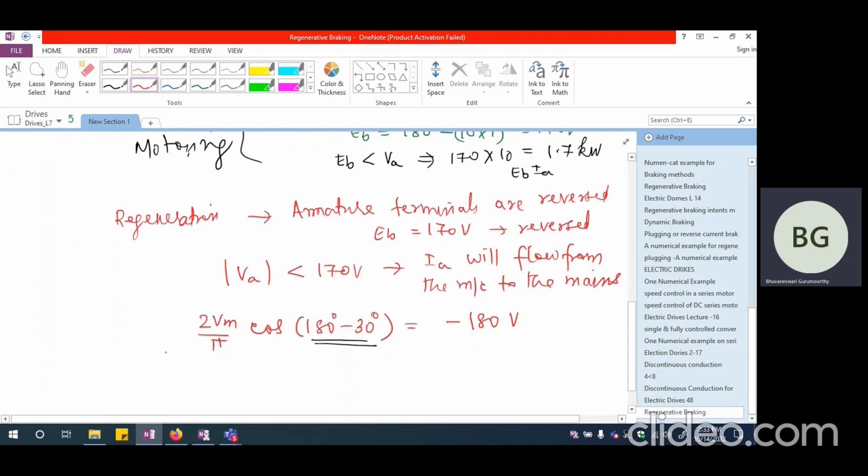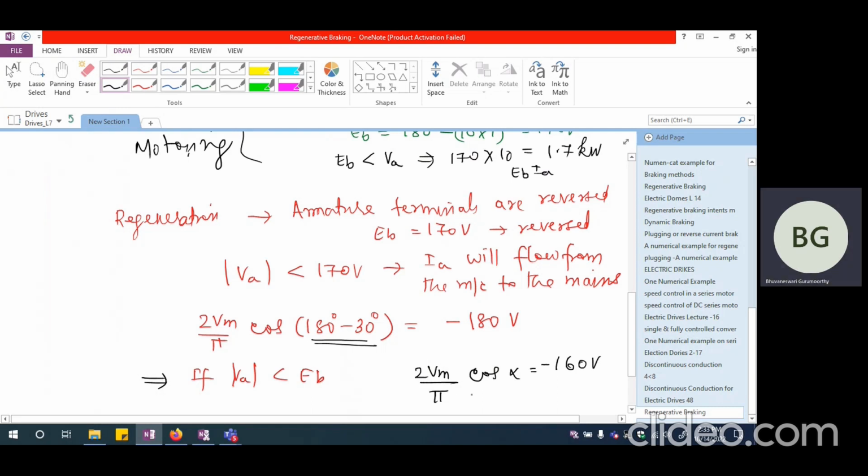So if VA has to be smaller than EB, and I want this to be achieved, then maybe I will require 160 volts or something. So I should say 2 Vm by pi cos alpha equal to 160 volts with the negative sign.